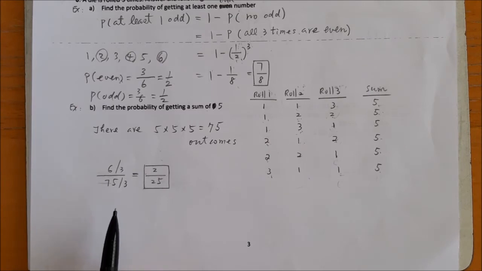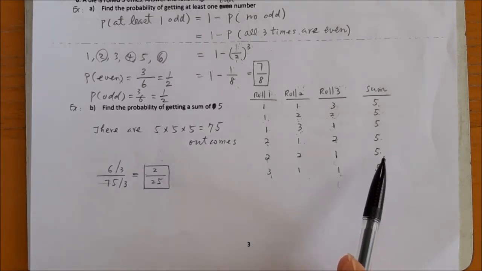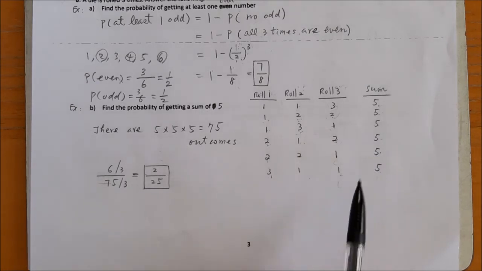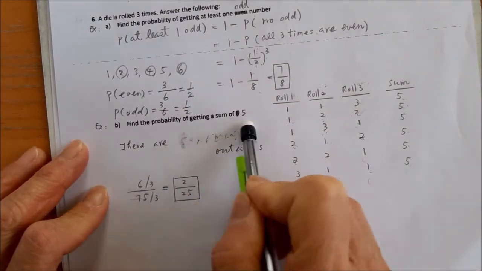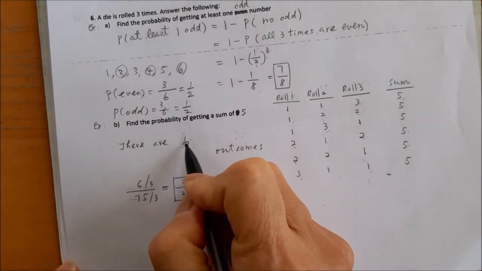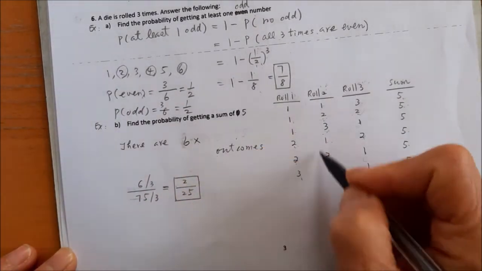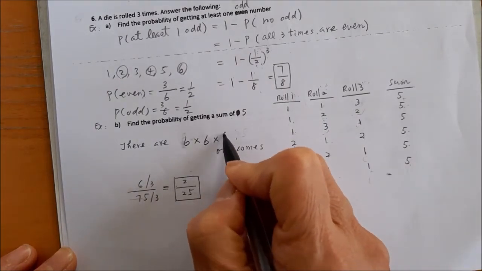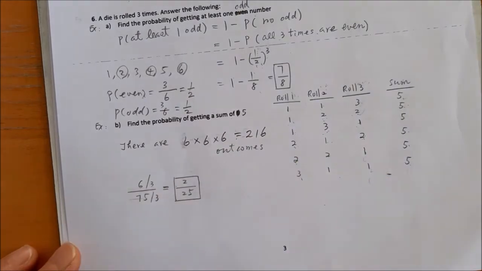6 out of, because a sum is 5, there are how many outcomes? Should be 6 times 6 times 6. Because the first row has 6 numbers, second row has 6 numbers, times 6 numbers. Total is 216 outcomes.